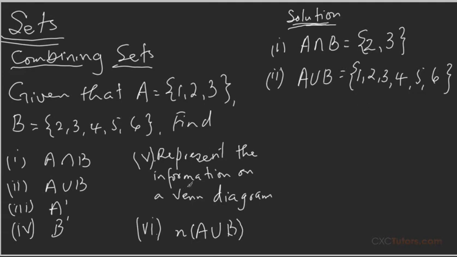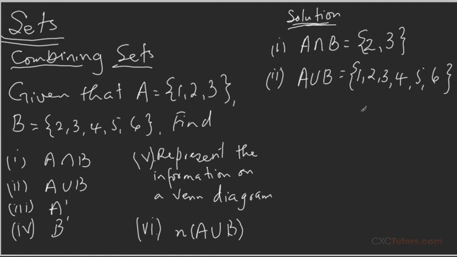I know question part 5 asks us to represent the information in a Venn diagram. But before that, I will find my A complement and my B complement, which can be easily found because all the elements that are in the universal set that are not in set A would be A complement. So you can do one of two things here.